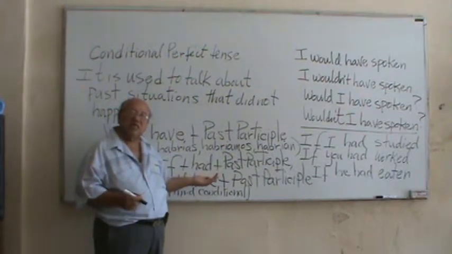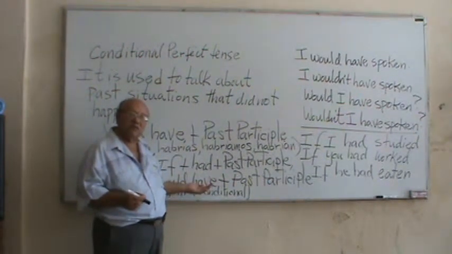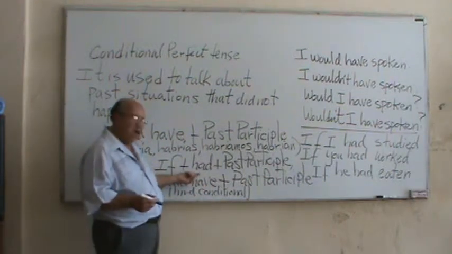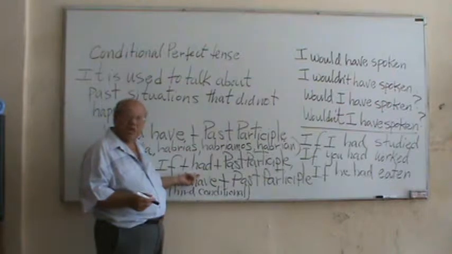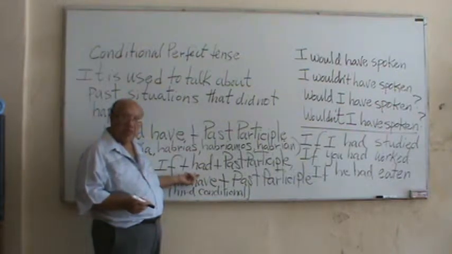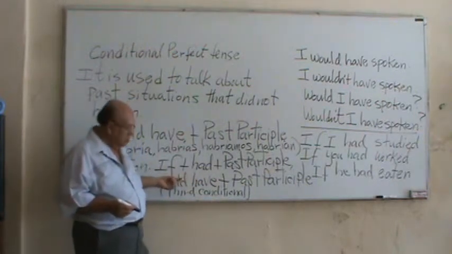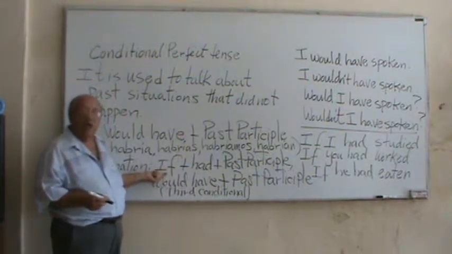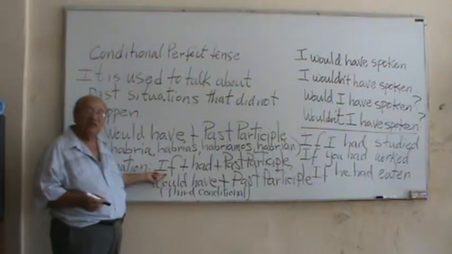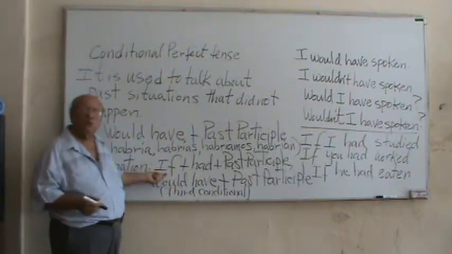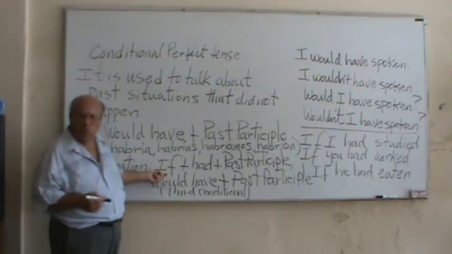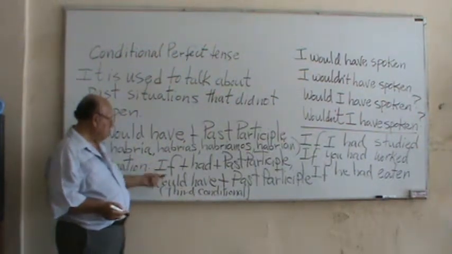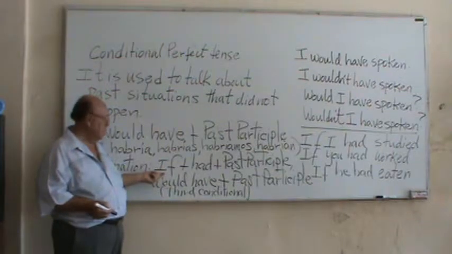And in the past perfect alone, we translate the had as había. But here, since we are going to use if, we are going to translate it using hubiera, hubieras, hubiera. But you have to use the if.